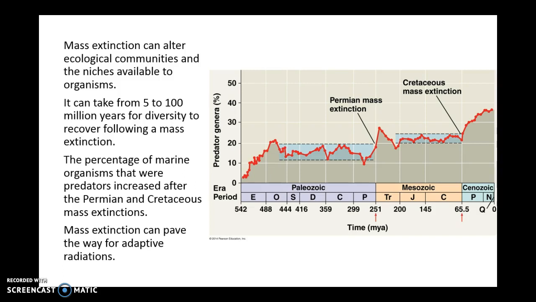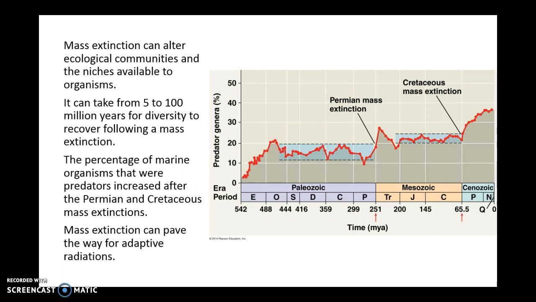Mass extinctions tend to change the atmosphere, temperatures, pH, etc. Then it takes a long time, 5 to 100 million years, for diversity to recover. Because in any extinction, some life forms are going to live, and then evolution takes over again, where you have this adaptation and changes.